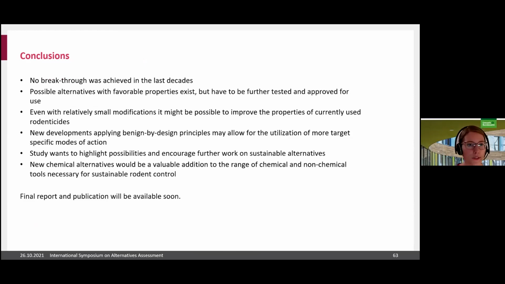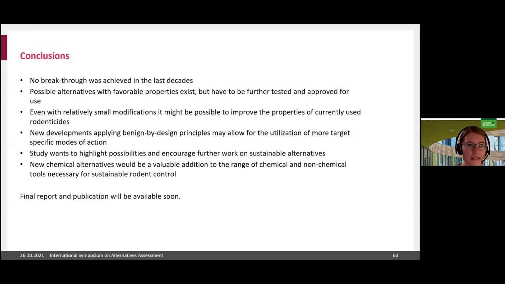So on the conclusions, we see no breakthrough in chemical rodenticide control since the last decades. The second generation anticoagulants stem from the 80s. We've seen that possible alternatives with more favorable properties exist, for example the pharmaceuticals. Of course, they need to be tested further and, after that, approved for use as a biocide.